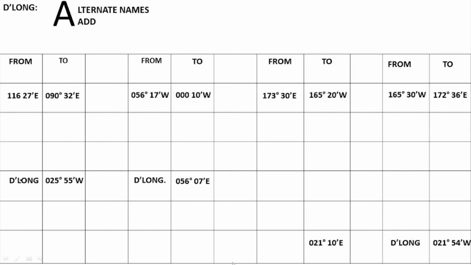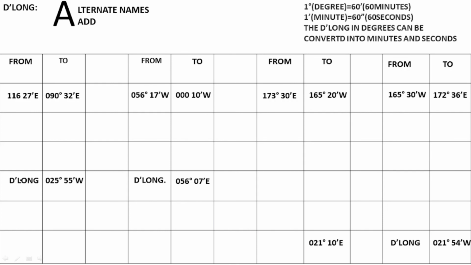Now these were the D.LONGs that I had calculated, and we know that degrees are in minutes, so I can convert the D.LONG into minutes, because when we start solving problems, we'll be required to convert all of them into minutes.